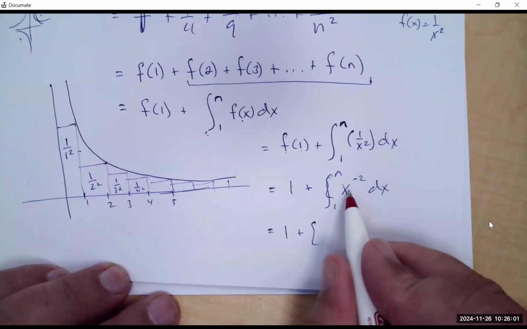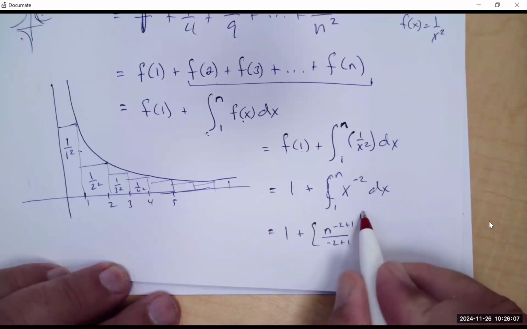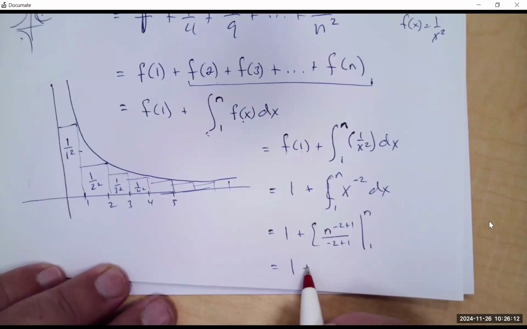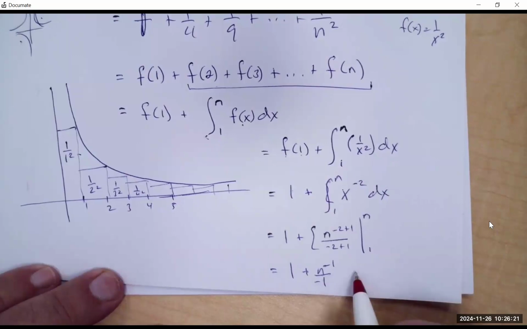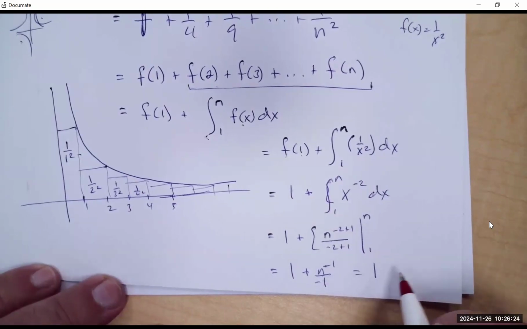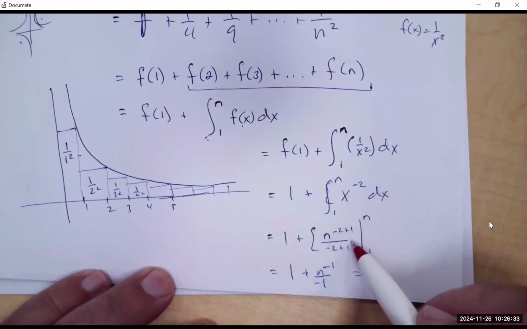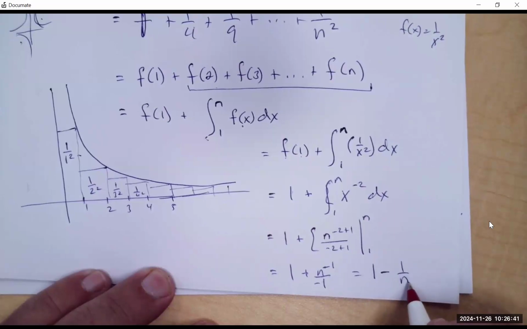The integral of that is x to the -2 plus 1 over -2 plus 1 from 1 to n. -2 plus 1 is -1, x to the -1 over -1, which is -1 over n.